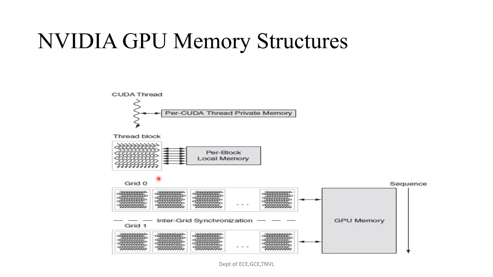And this is about the NVIDIA GPU memory structures. Here, the GPU memory is shared by the vectorized loops. All threads of SIMD instructions within a thread block share this local memory. This figure shows the memory structures.